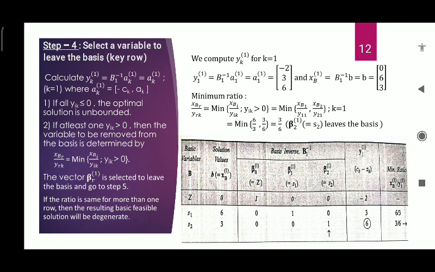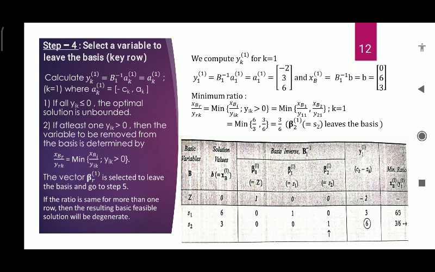Now we find the minimum ratio XBr by Yrk, calculated using the formula minimum ratio XBi by Yik, for which Yik is greater than 0. So using that, we have the minimum of XB1 by Y11 and XB2 by Y21 for k equal to 1, that is 6 by 3, where XB1 is 6 and Y11 is 3.